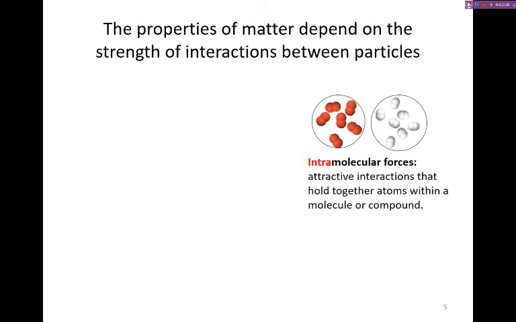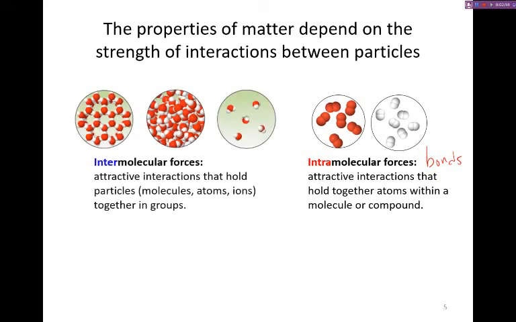We've talked about intramolecular forces. These are the covalent or ionic bonds that hold atoms together within a molecule or a compound. We're going to now learn about intermolecular forces. And these are attractive interactions that hold distinct particles together within groups.